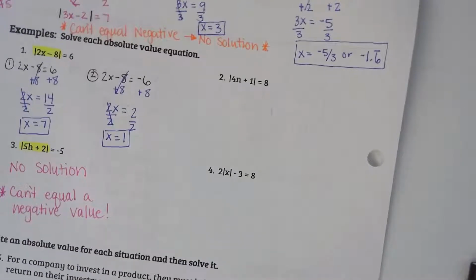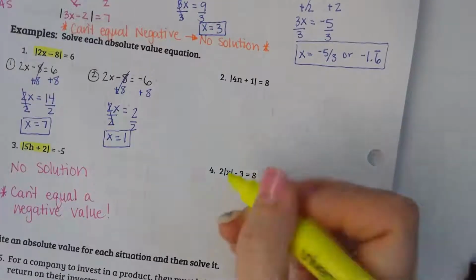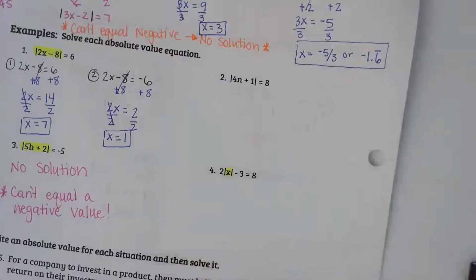Okay, and then number 4. So first, I need to get my absolute value all by itself, which this one is not. So we need to do that first.